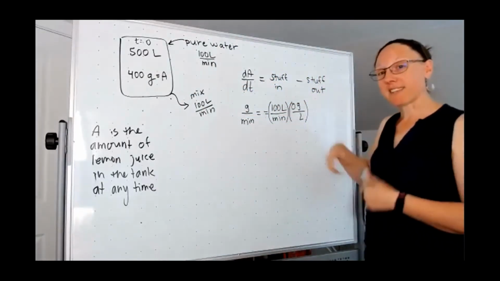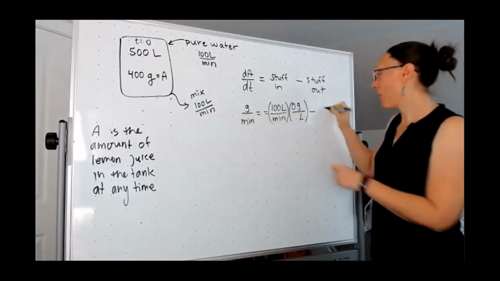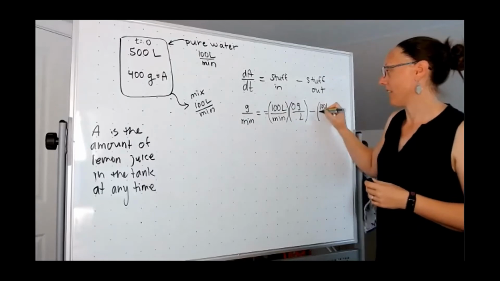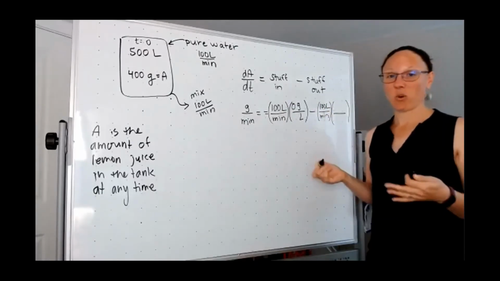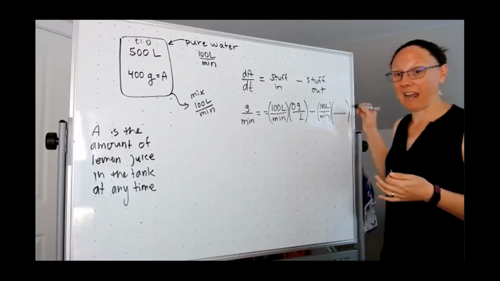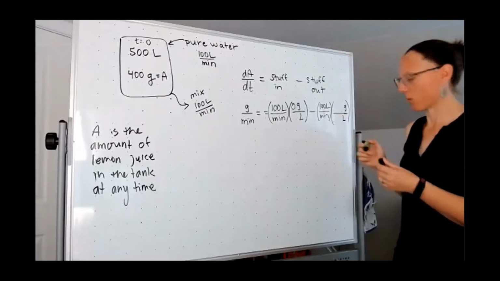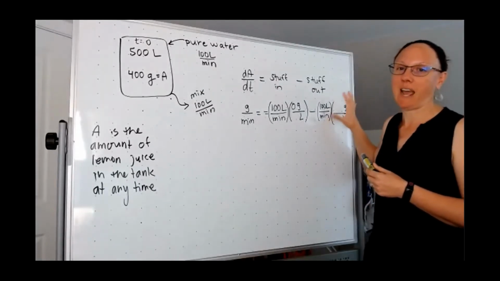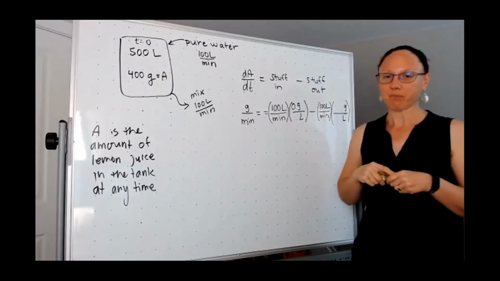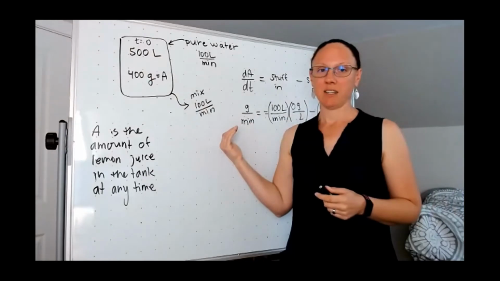Now for the stuff that's coming out, again, I know that it's coming out at 100 liters per minute. And in order for my units to work out, I'm going to have to multiply that by something with units of grams per liter. Now this right here, this is the critical step in every single tank problem. This part is flowing out of the tank.